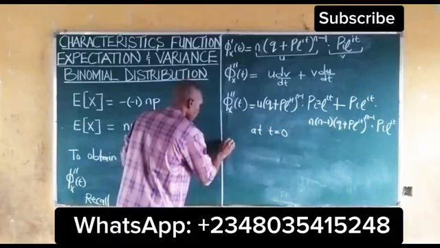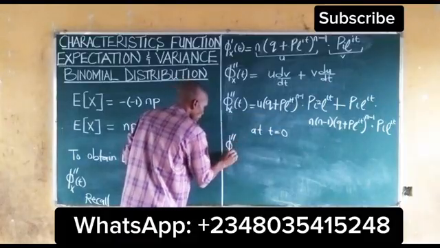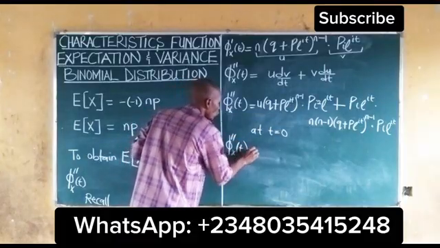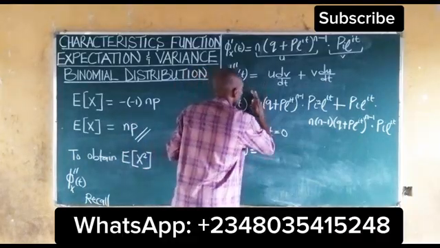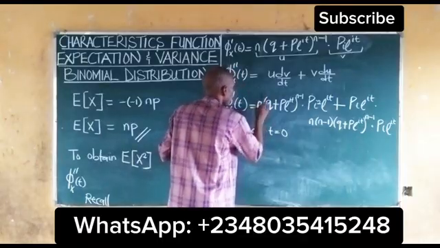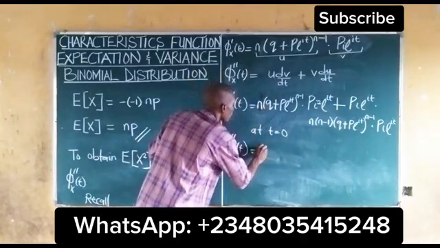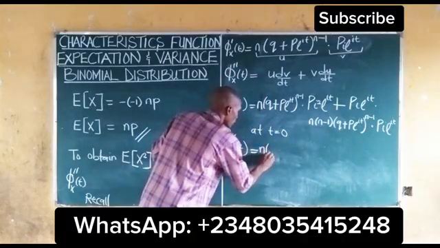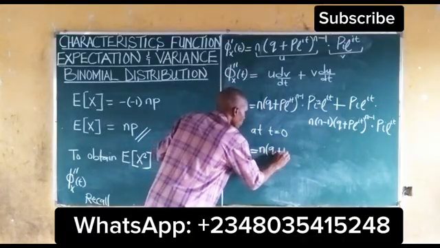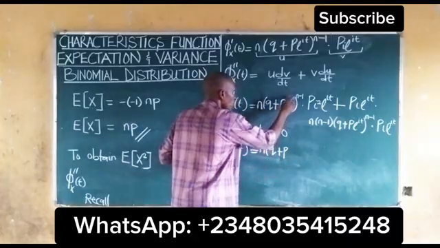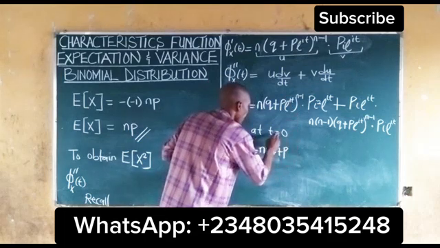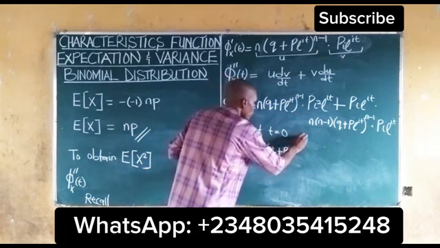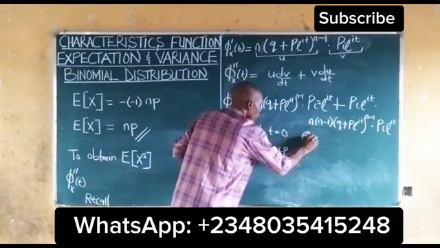So we have our second derivative of the characteristic function will give us n into (q + p). The whole of this will turn to 1. So we have at t equal to 0, exponential 0 is equal to 1.